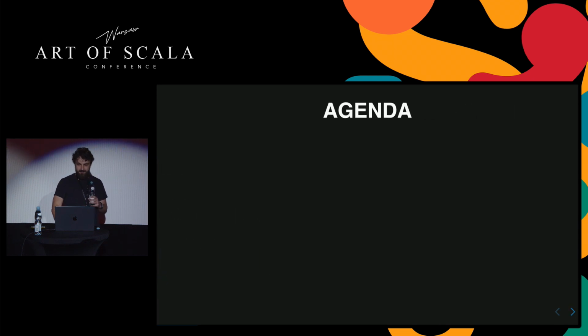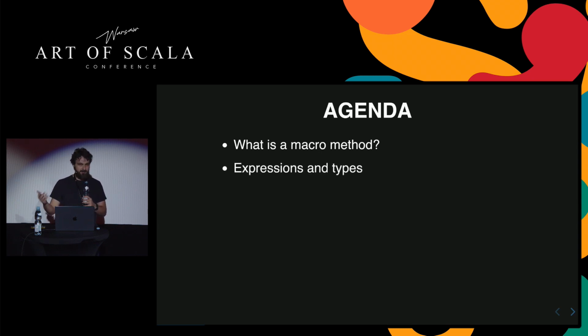So let's get to the main topics. The agenda for today's presentation is as follows. First, we will start by reminding ourselves what macros actually are, at least how we can understand that intuitively, because the formal definition isn't very useful for your everyday work. Then maybe we'll mention a little bit about what expressions and types are, at least in the context of macros.